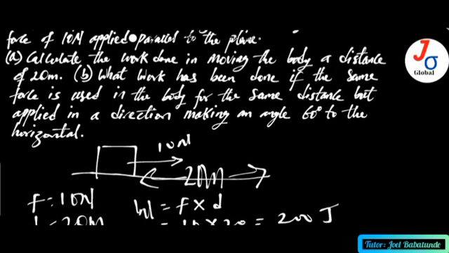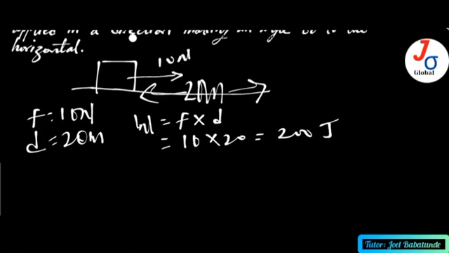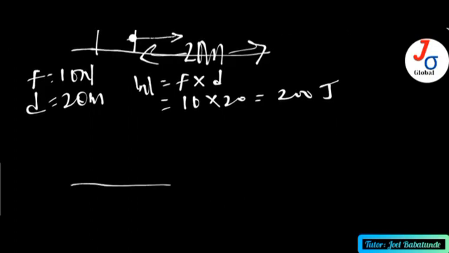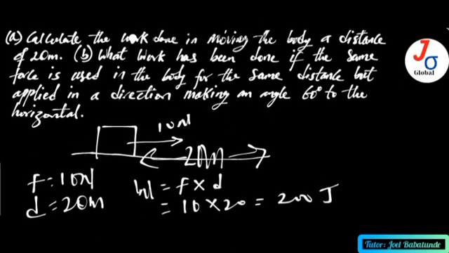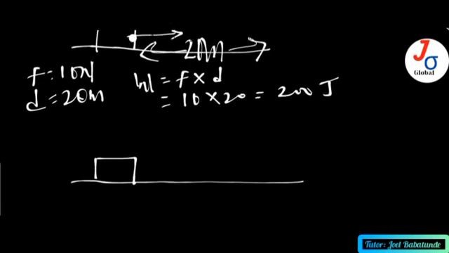Now the second question says, what work has been done if the same force is used on the body for the same distance but applied in a direction making an angle of 60 degrees to the horizontal? So, a block of wood, but then they said that for the same distance, the force is applied in a direction making an angle of 60 degrees with the horizontal.